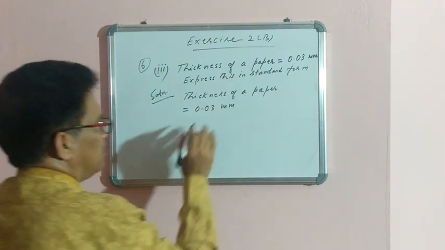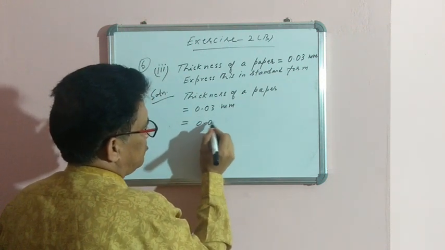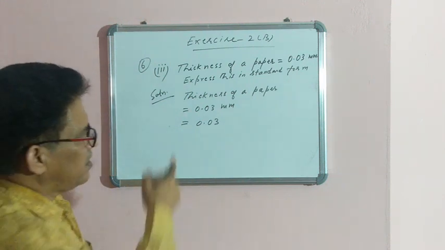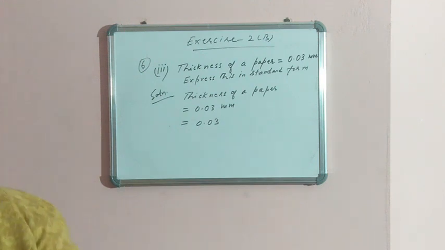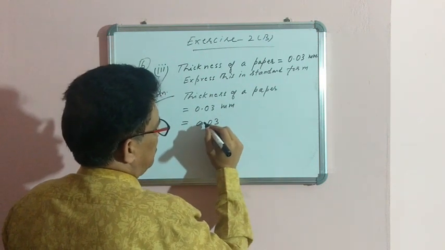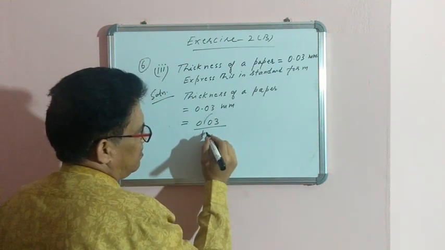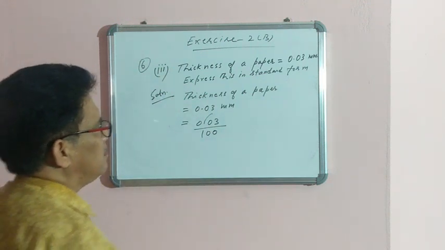Now first we will remove this decimal sign from here. Then how many zeros will be there? 1, then double zero. That is 100 will come at the denominator.